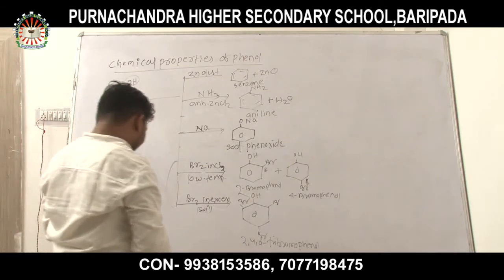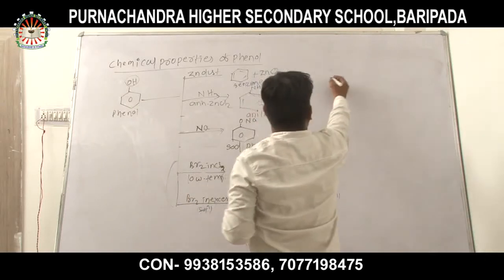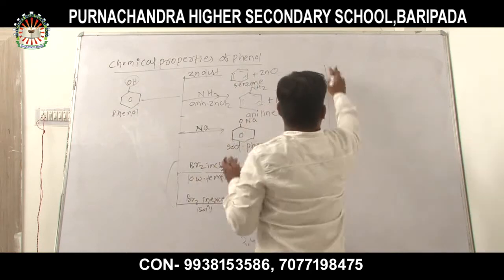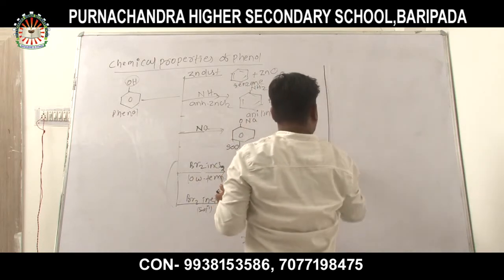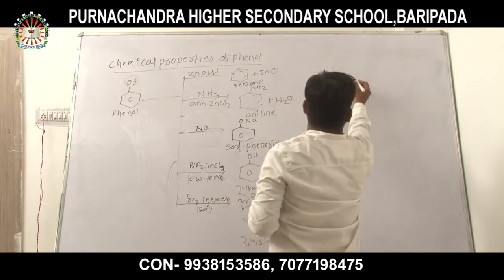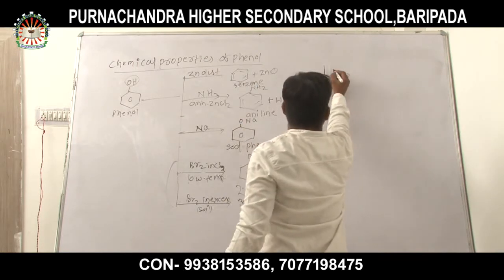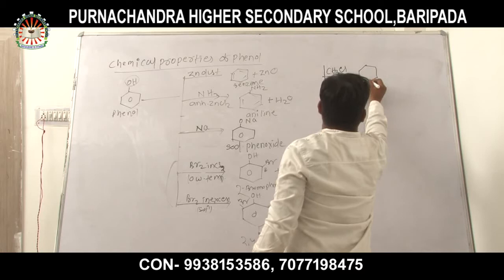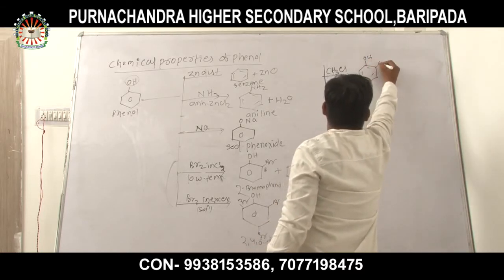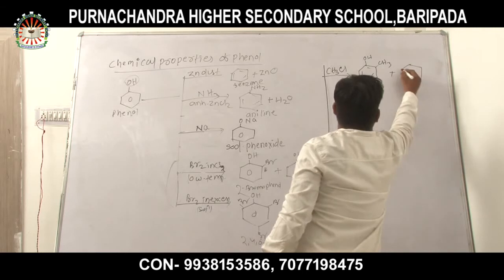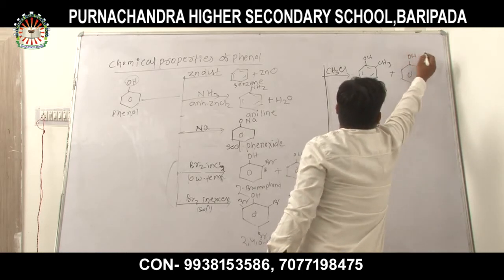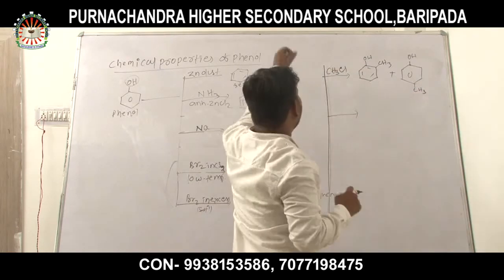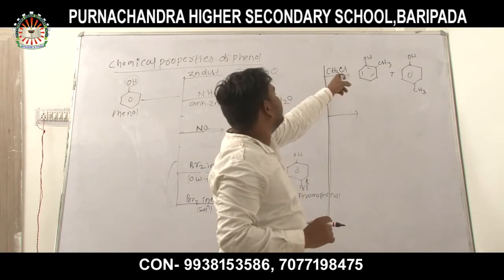Then another property. Similarly, when phenol is treated with methyl chloride, then two isomeric products are formed. It is also called a Friedel-Crafts alkylation reaction, a similar type of reaction.